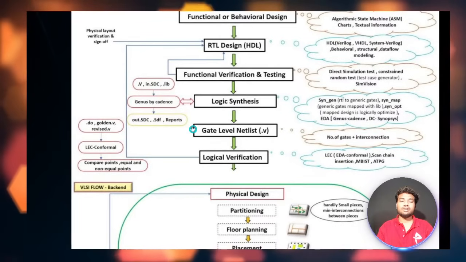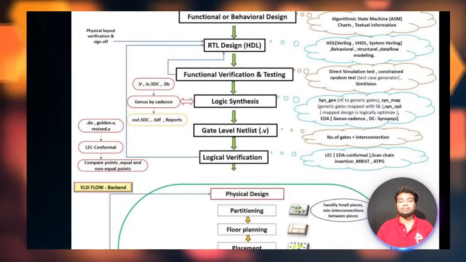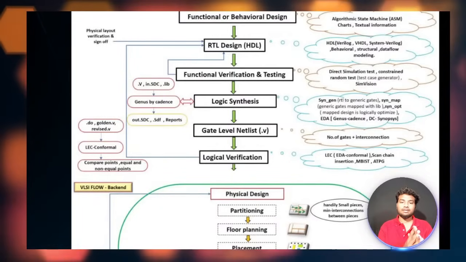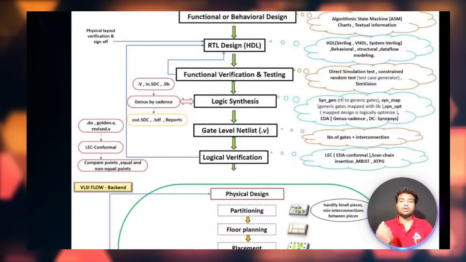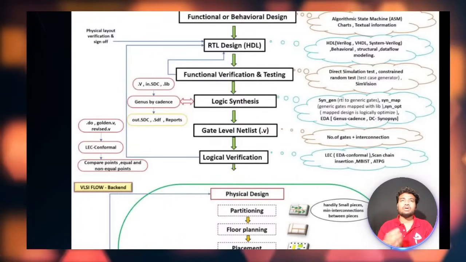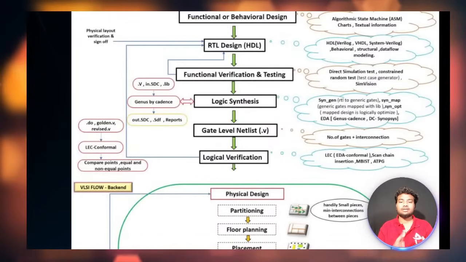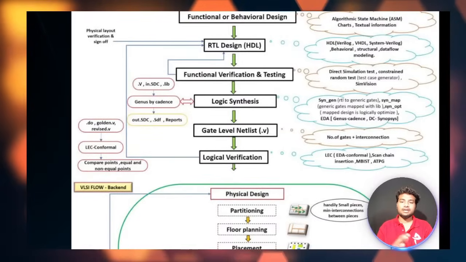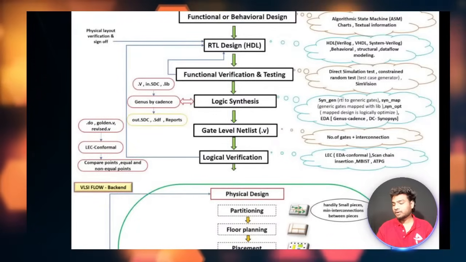And then after that stage we have the gate level netlist. Gate level netlist is nothing but, as I already said, we are converting the Verilog code into gates. In the gates we have the input and output pins, and the number of gates we are using. Gates are normal logic gates: AND gate, OR gate, XOR, NAND and NOR. Based on these gates, we have to make the circuit based on your design code.